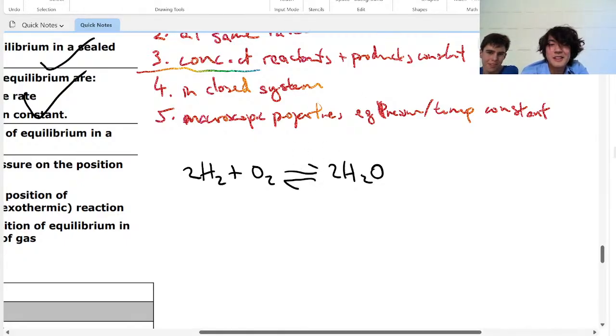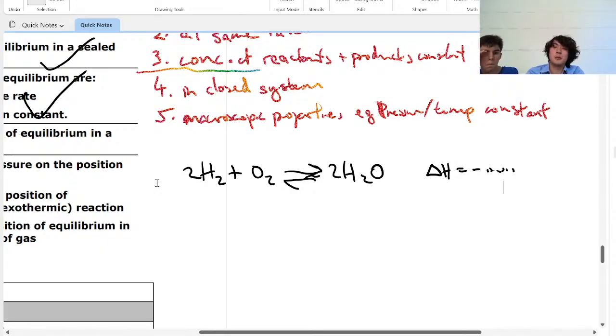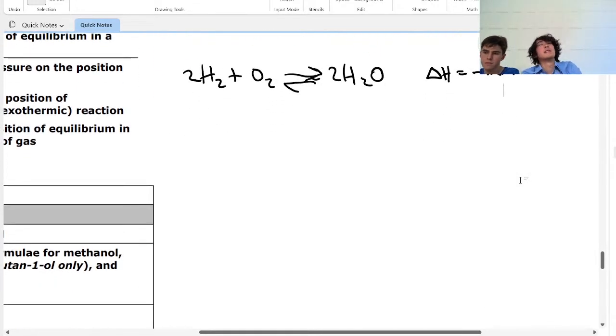And that's why this explodes, because it's very exothermic. So I'll write exothermic, or delta H is a minus something. They'll give you this equation in the question, and here are some things they might ask you.